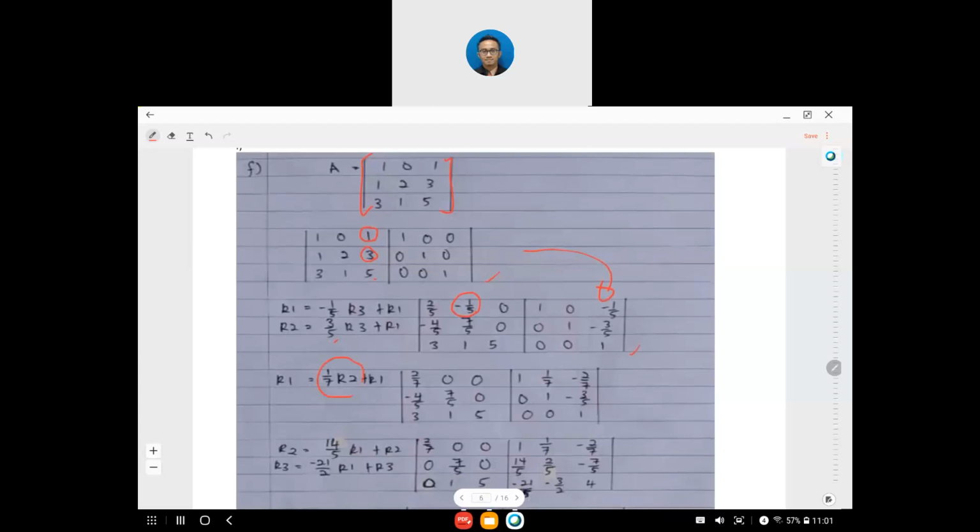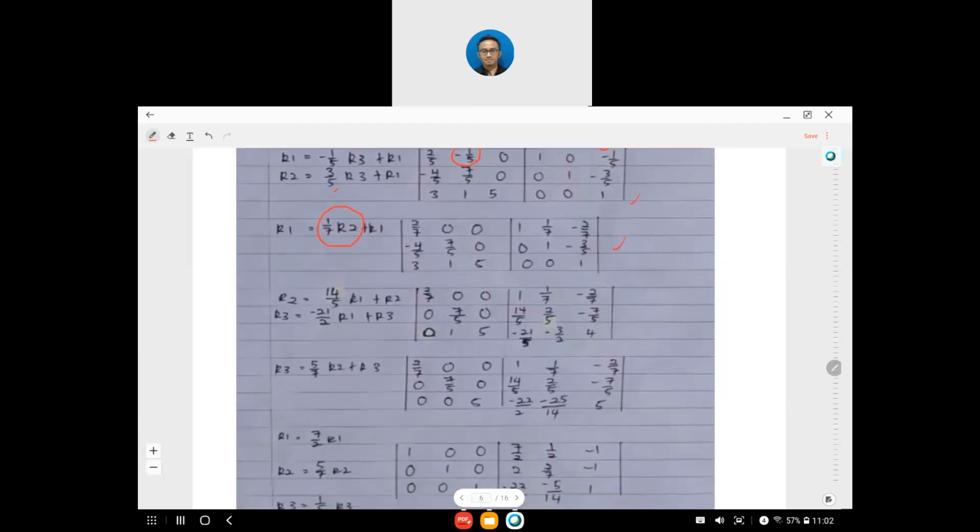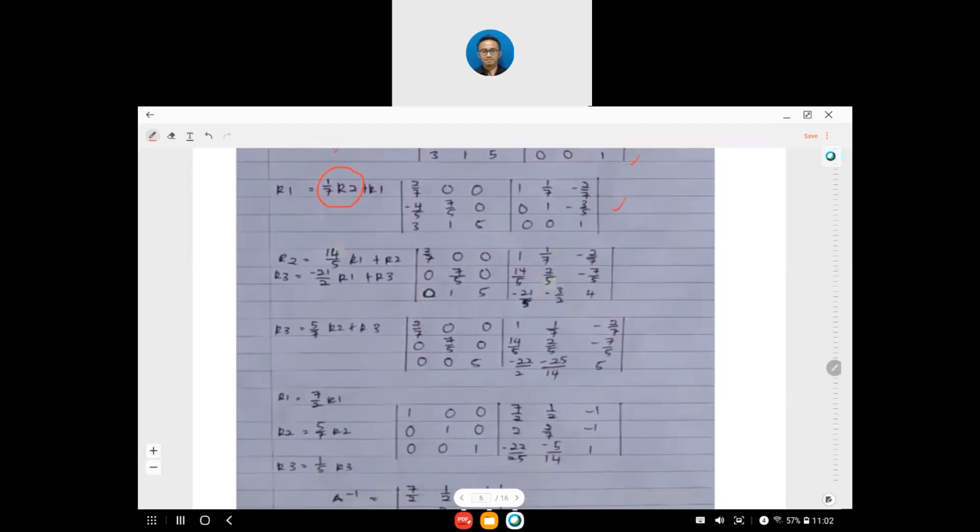Okay, so times by 1 over 7. And then you can get this matrix. Okay. And then, also the same thing, change the next 3 diagonal below it, okay, to become 0.